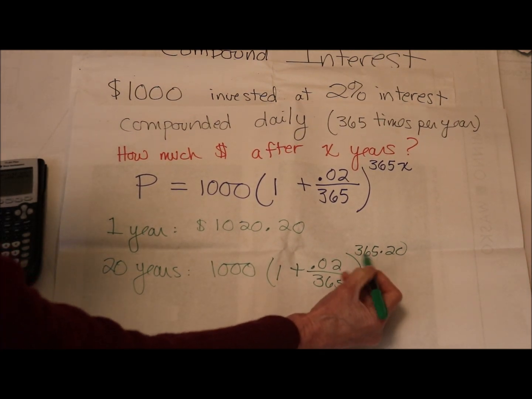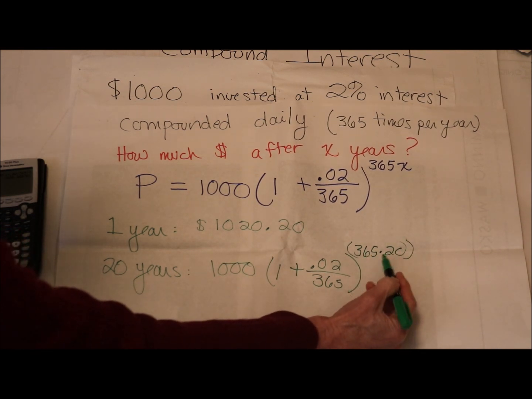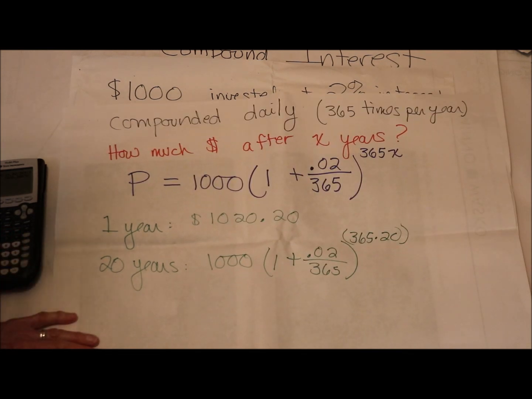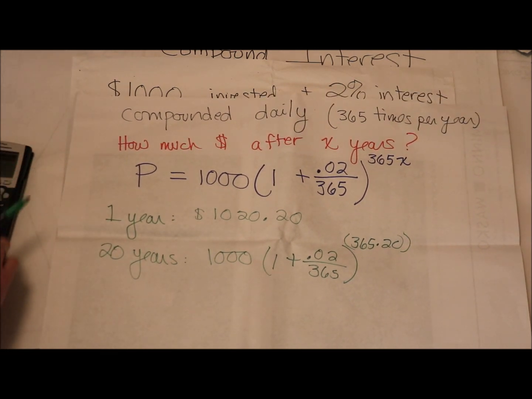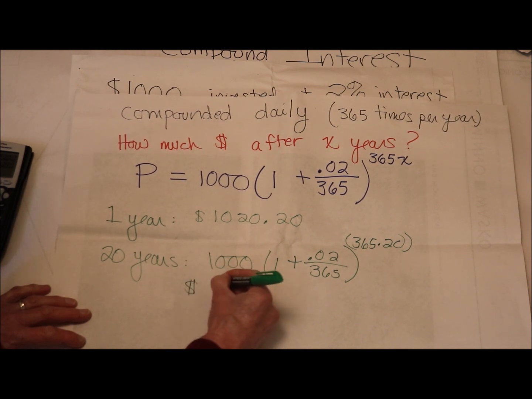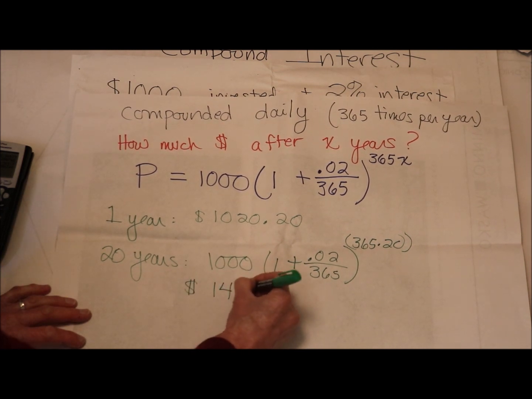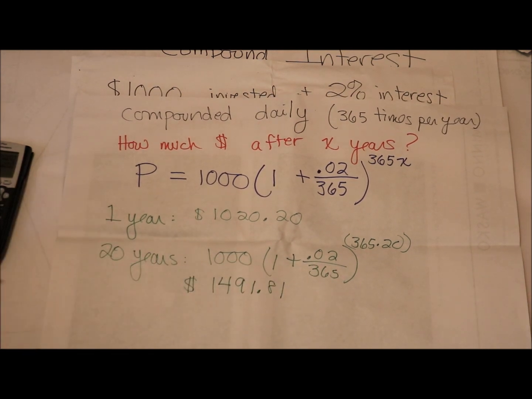Depending on your calculator, sometimes you have to put parentheses around your 365 times 20. Depending on your calculator, sometimes the calculators need you to do that and sometimes they don't. So if you're getting a different answer from what I'm getting, try putting parentheses around that exponent. I got for this $1,491.81 about.